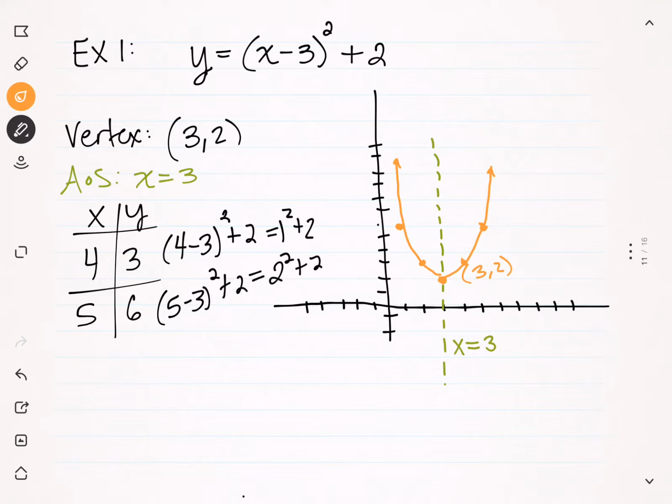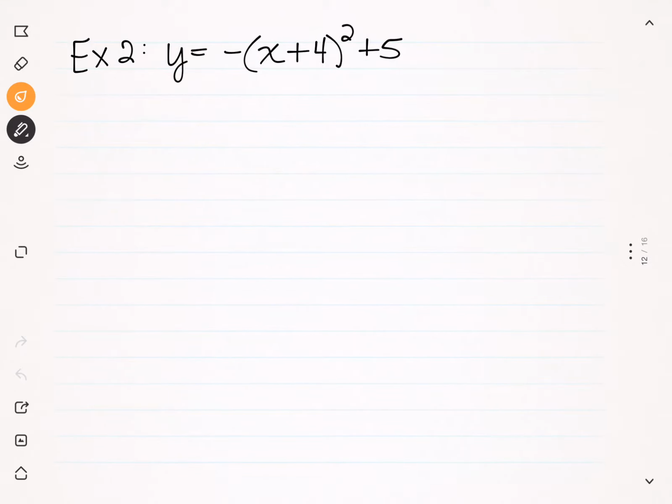Okay, let's try another one here. We're going to do the equation y is equal to negative times the quantity x plus 4 squared plus 5. Okay, so our vertex is going to be located at the point negative 4, positive 5.